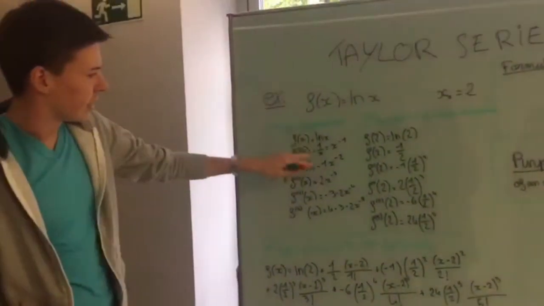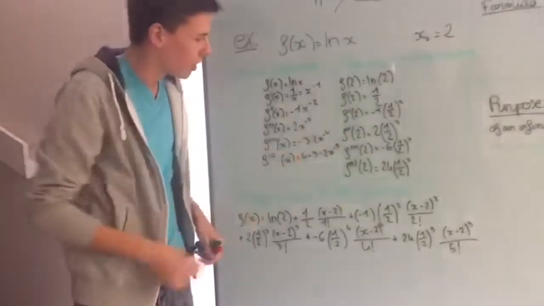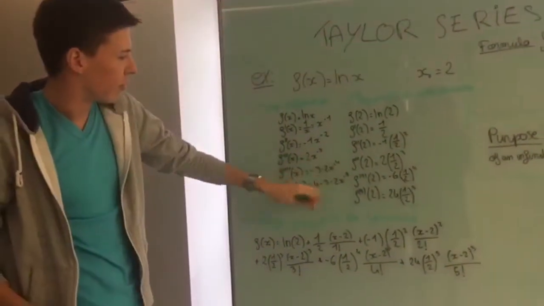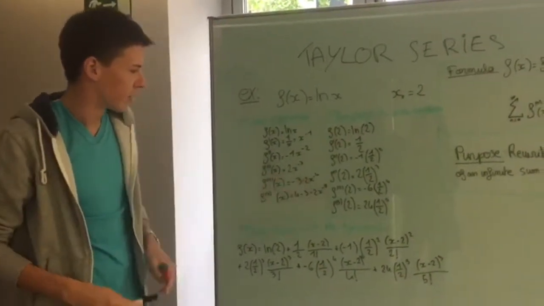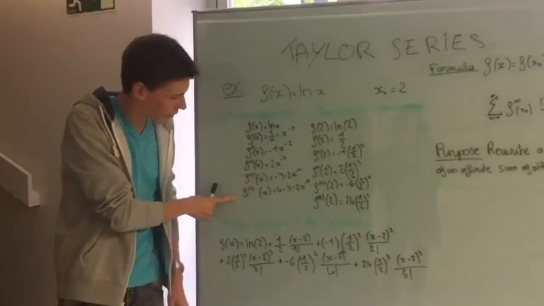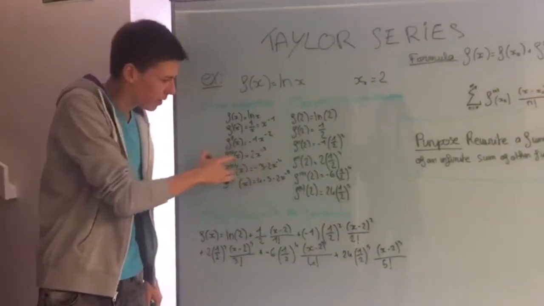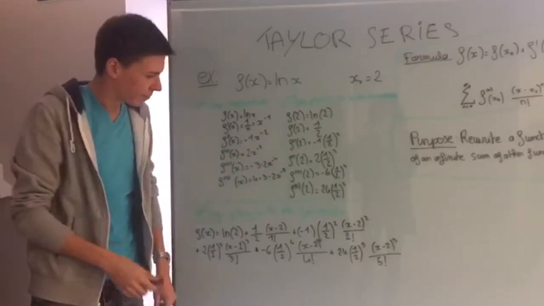And we can now already see a sort of pattern going on. When going to the fourth derivative, it is negative 3 times 2 times x to the negative 4. And the fifth one will be 4 times 3 times 2 times x to the negative 5. As we can see, in the third, fourth, and fifth derivatives, the x power has the same number as the derivative we are currently at.